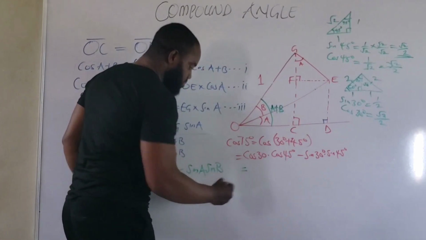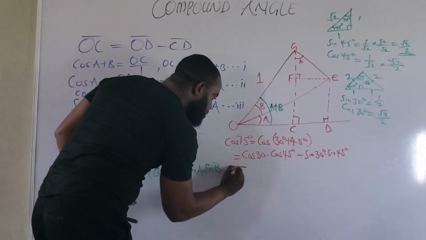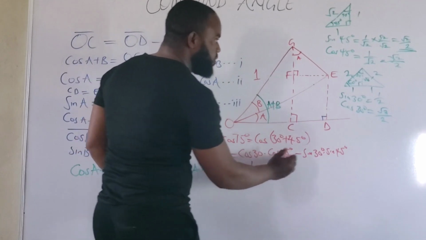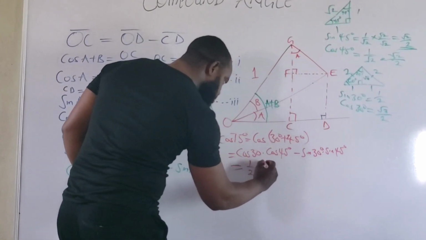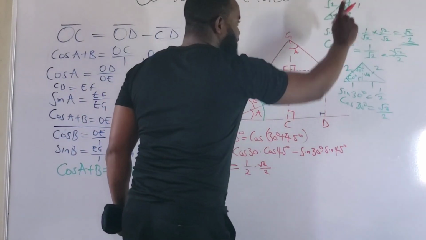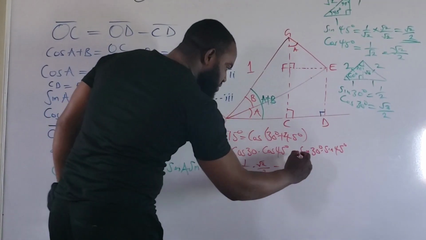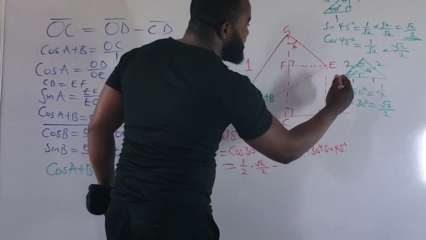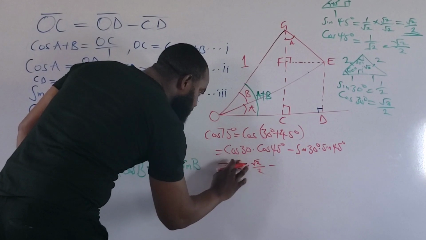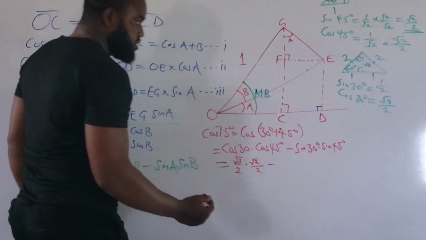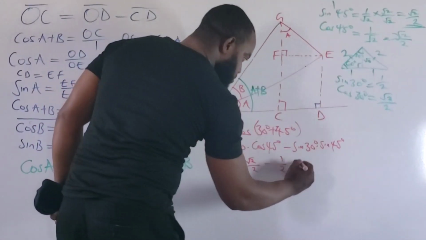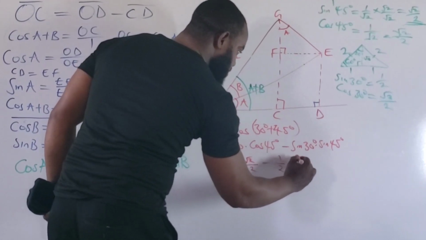What is cos 30 degree? So cos 30 degree from here is square root of 3 all over 2, such that sine 30 degree is equal to 1 all over 2, and cos 45 degree is square root of 2 all over 2, and sine 45 degree is equal to square root of 2 all over 2.